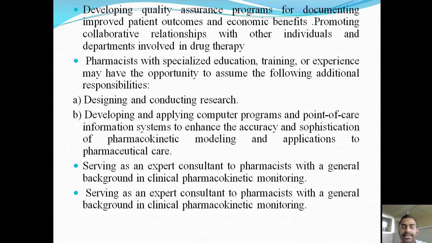A clinical pharmacist with specialized education, training or experience may have the opportunity to assume the following additional responsibilities. Point A, designing and conducting research. Point B, developing and applying computer programs and point of care information systems to enhance the accuracy and sophistication of pharmacokinetic modeling and application to pharmaceutical care.